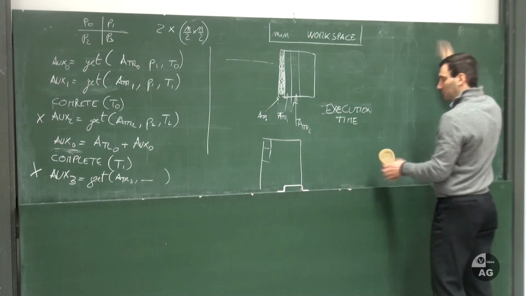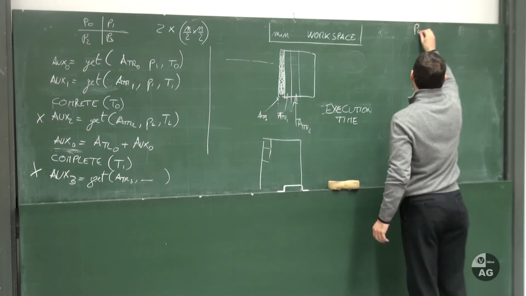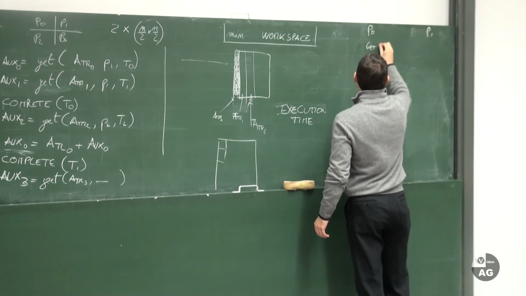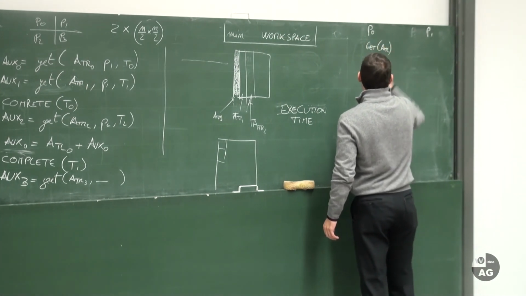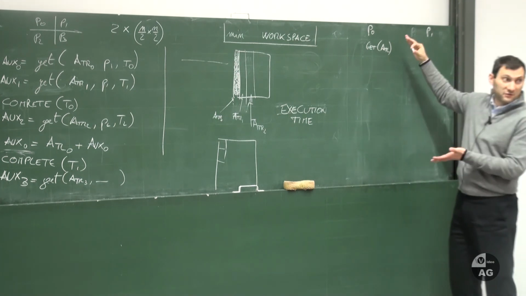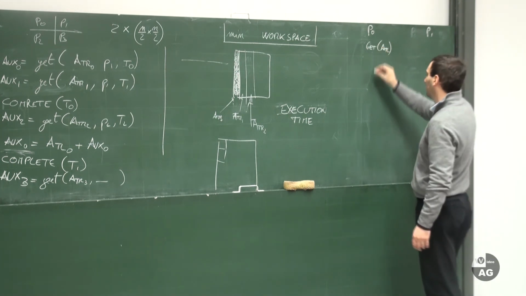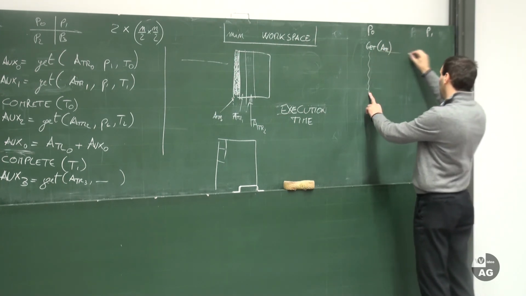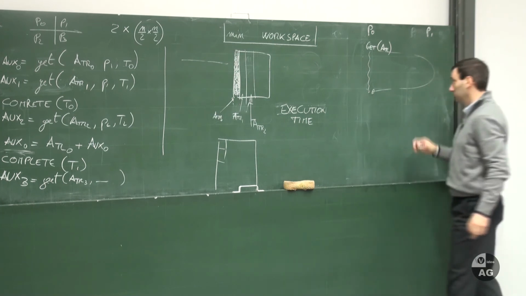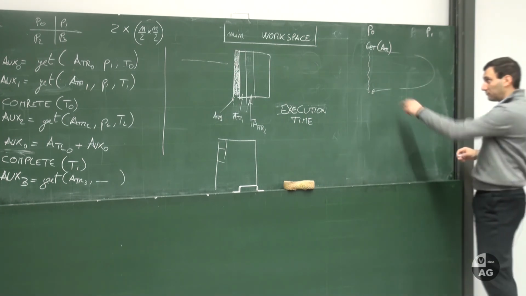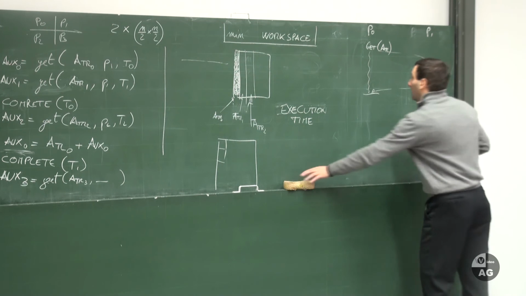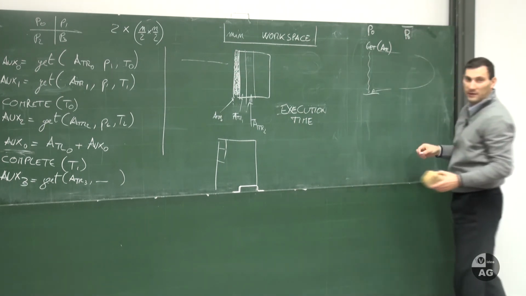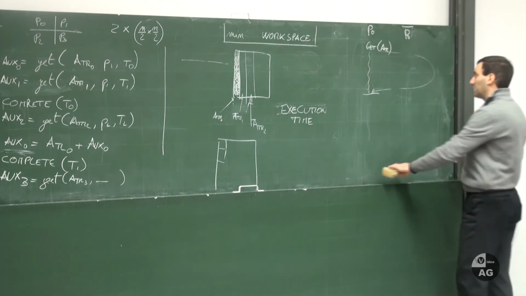Okay, let's see what it's like. P0, P1. Get A top left. A top left is a big matrix, so this get takes a long time, and what it means is that I'm going here and fetching data. Let's go to P0 hat, that's the smart version of P0 bar.